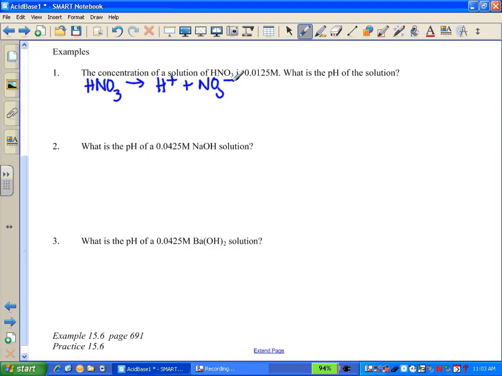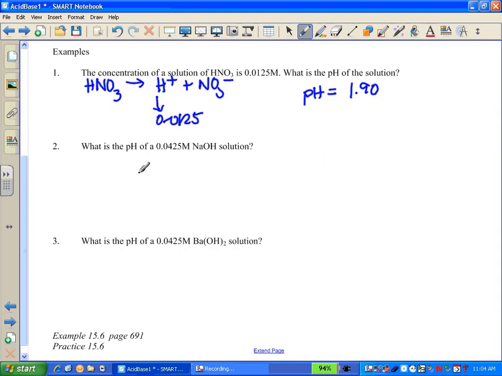So that's the reaction, and we can see that in a 1-to-1 ratio, the concentration of the H+ is therefore 0.0125. There are essentially no HNO3 molecules in this solution. Now that I know the H+, I can use my pH formula and take the negative log of the concentration, and I get a pH of 1.90.